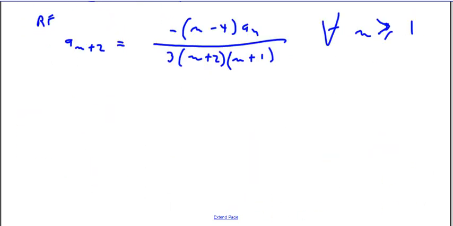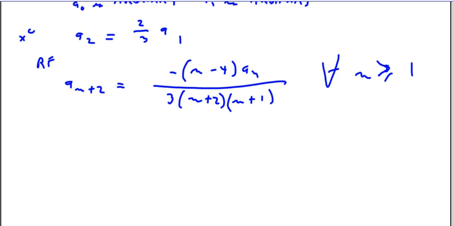Okay, that being the case, I'm going to look at n is equal to 1. What is a3? So I've got 1 minus 4, that's minus 3, it's a plus 3. So it'd be 3 times a1, which is arbitrary, divided by 5 times 3 times 2, that's 30... So a3 is going to be a1 over 6. Now I'm going to look at a4.